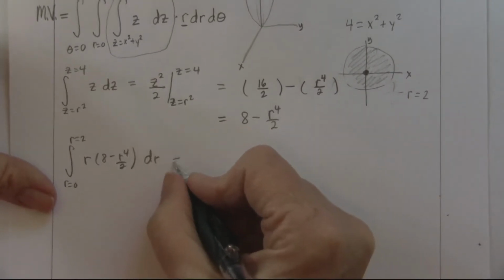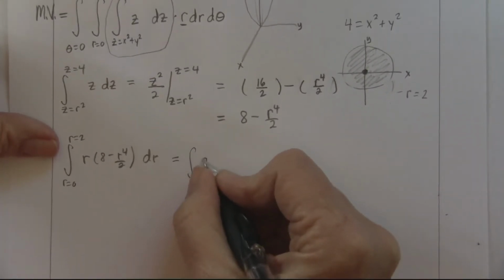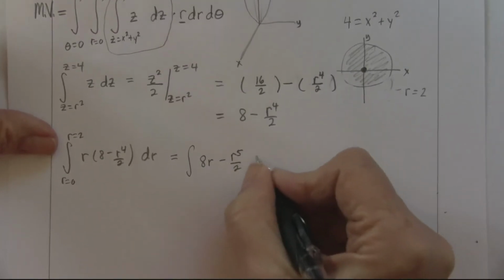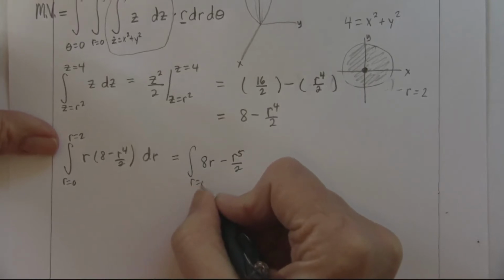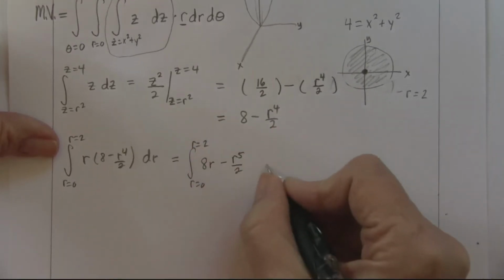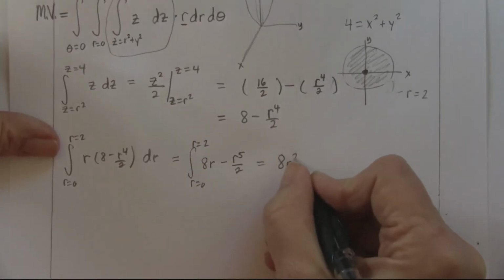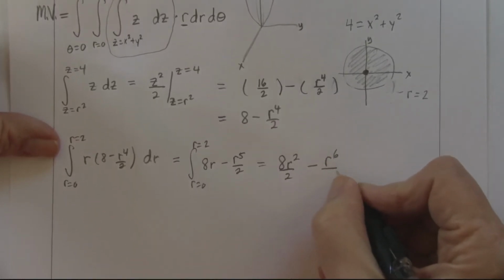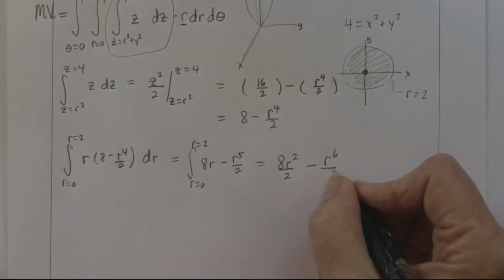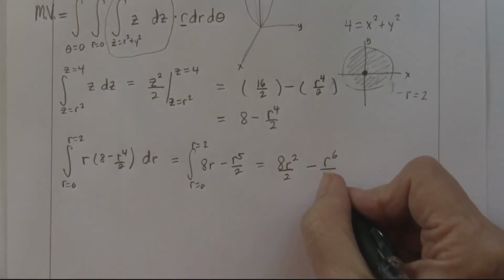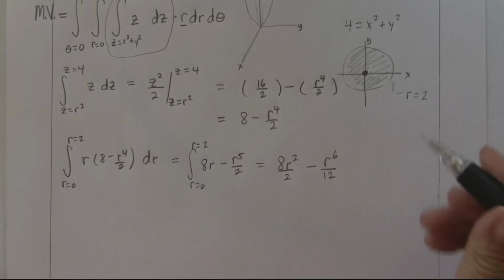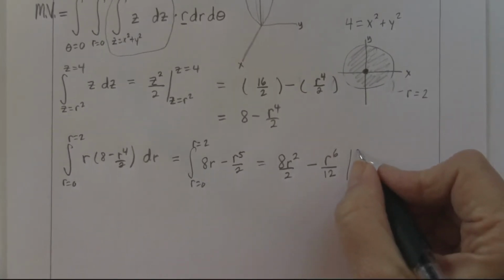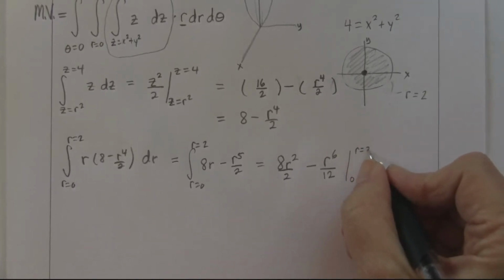And so this is going to be the integral of 8r minus r to the 5th over 2, r from 0 to 2. So this is 8r to the 2nd over 2 minus r to the 6th over 12, right? 2 times 6 is 12. And my bounds should go from 0 to r is 2.